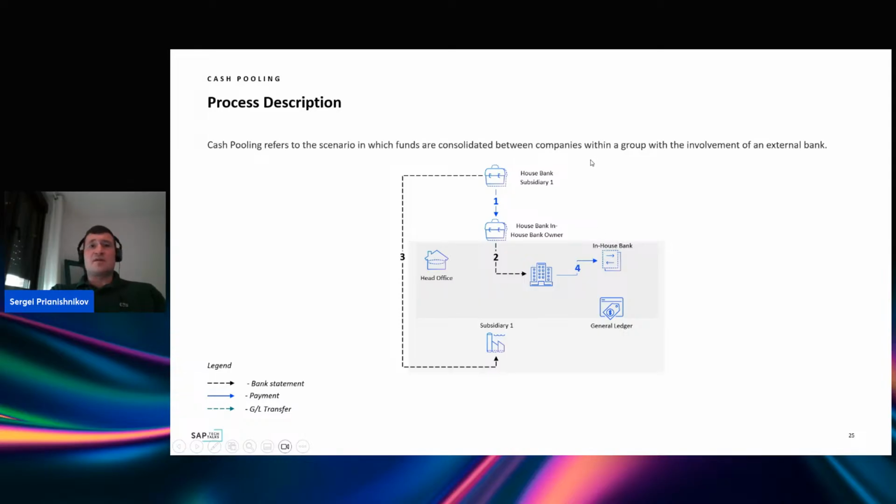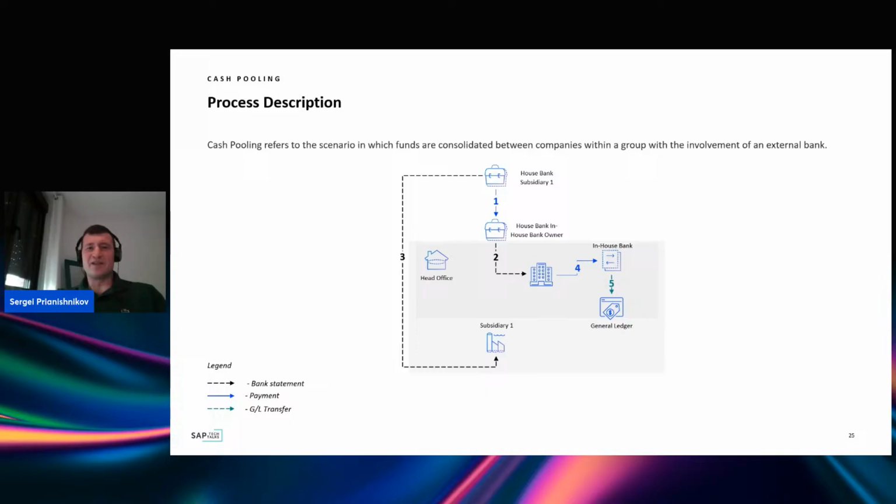The fourth step is that the subsidiary was identified and the payment was directed to the relevant in-house bank account. On the in-house bank account side, the system made a deduction, sorry, not deduction, adding.